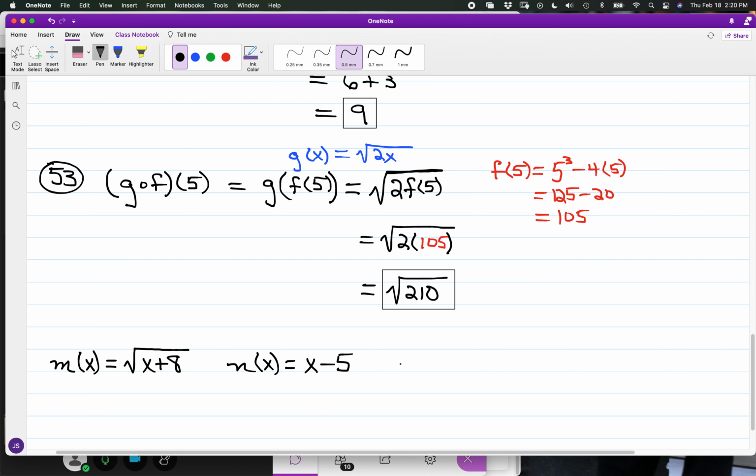And then we have p of x, and p of x we have equal to x squared minus 9x. And we have a q of x equal to 1 over x minus 10.